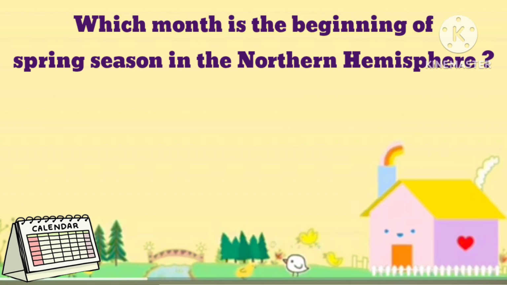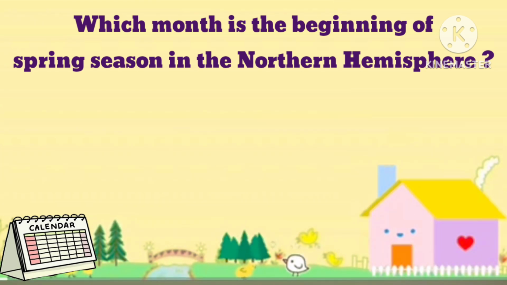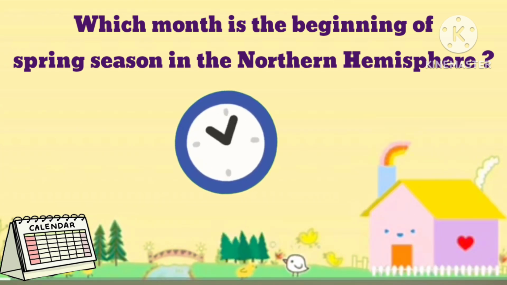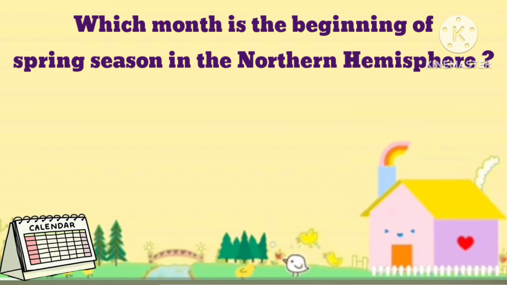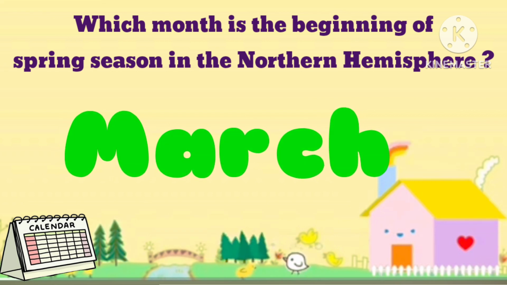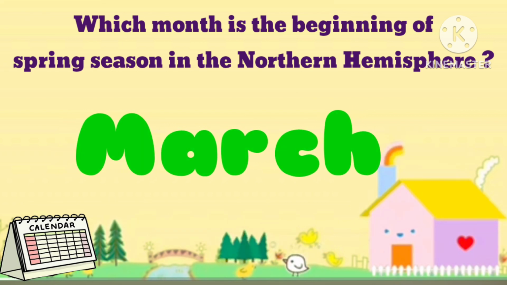Which month is the beginning of spring season in the northern hemisphere? Yeah, March. March is the beginning of spring season in the northern hemisphere.